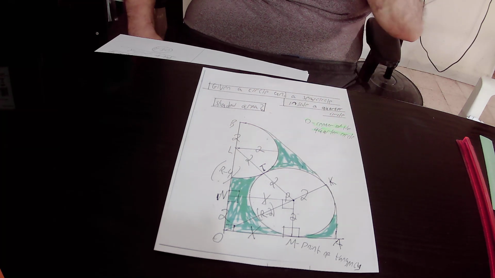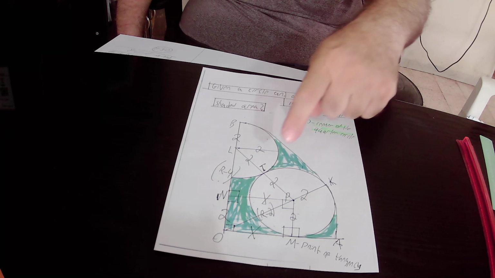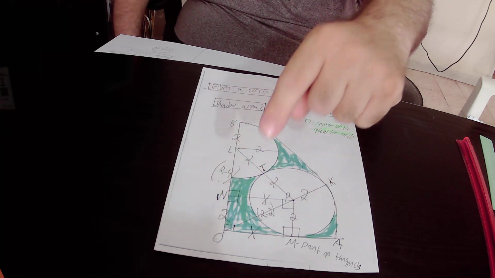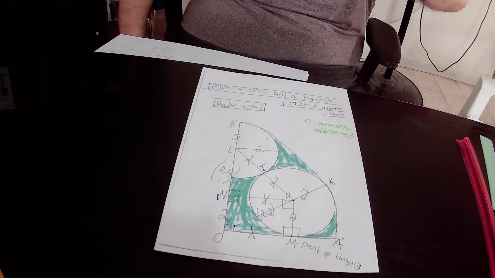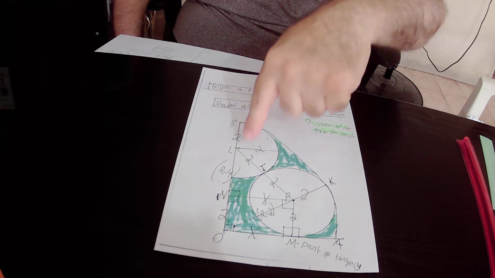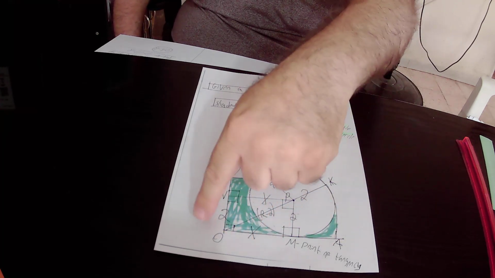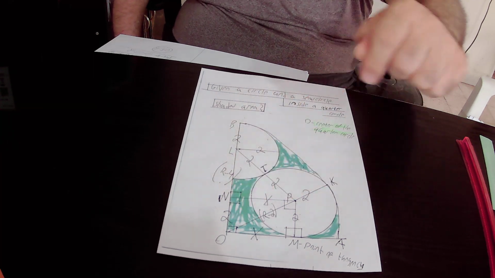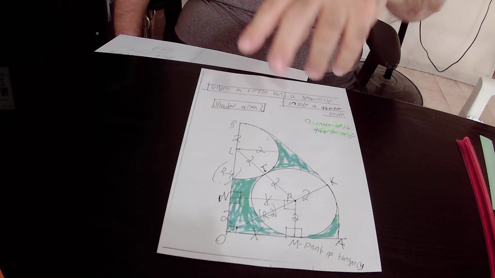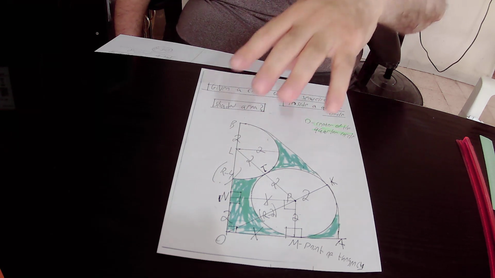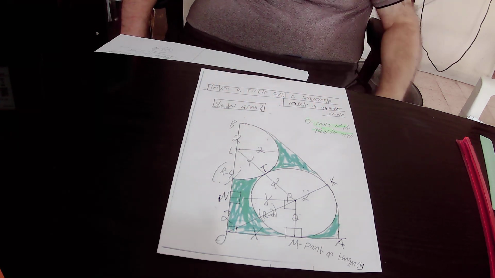First of all, we know that in any quarter circle, this is the center of the quarter circle. So point O is the center of the quarter circle, angle BOA or AOB equals 90 degrees, and AO equals BO, which is the radius of this quarter circle.